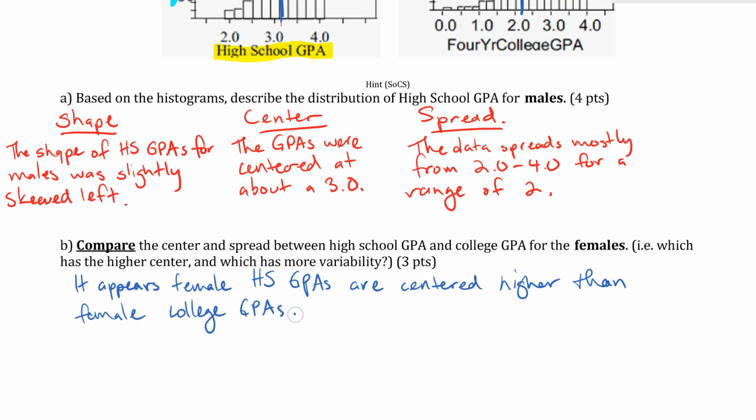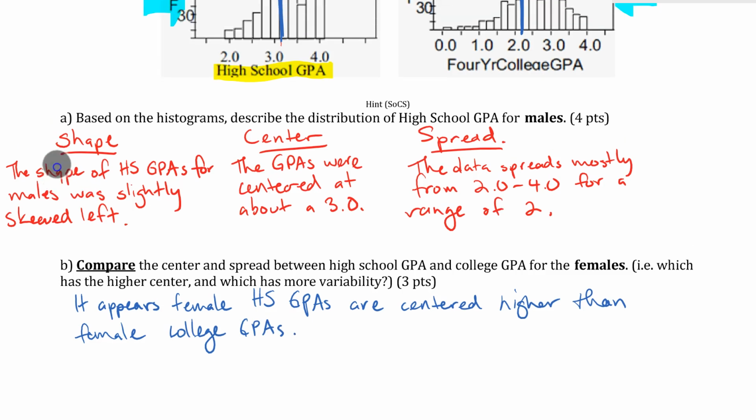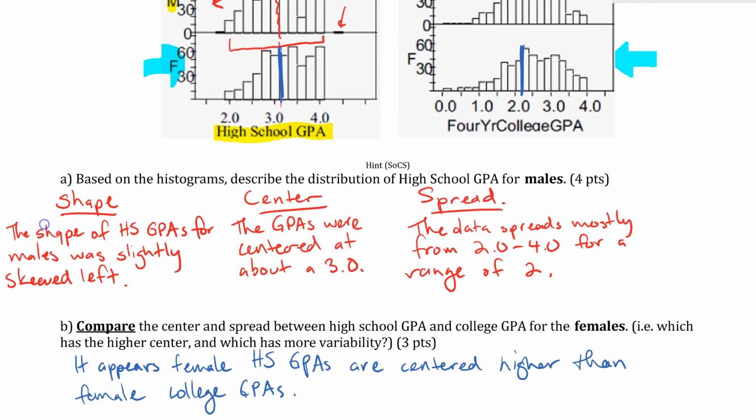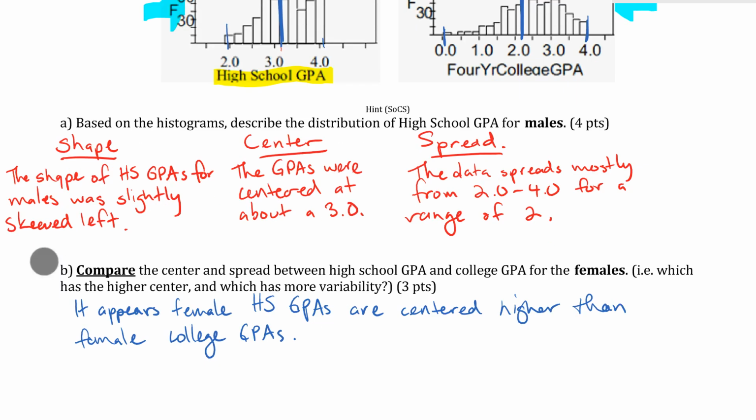And you could be more specific and say it's around 3.0 versus 2.0, but as long as we're answering the question, that's fine. And finally, let's talk about which one has more variability, more spread. And we see that for college, it goes as low as 0 all the way up to the 4, versus here, the lowest is a 2 up to the 4. So which one is more spread out is definitely the college GPAs.